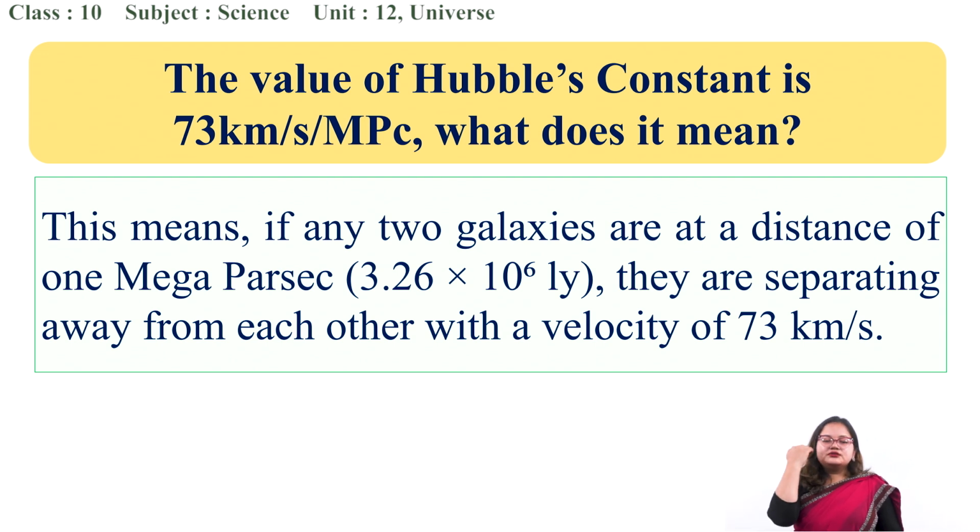In today's class, we focused on the origin of the universe, some of the proposed theories about it, and the expansion of the universe, which was proved by Hubble's law.